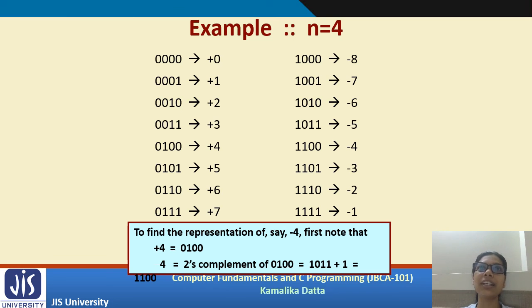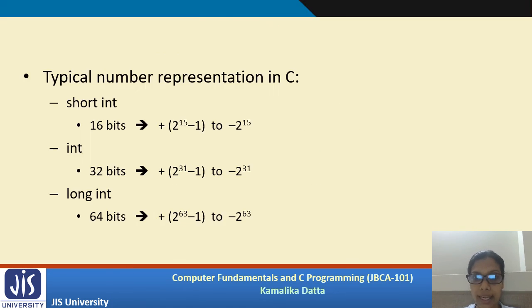Now we have understood how we can represent signed numbers, how we can represent unsigned numbers, and so on. Let's move on. What is a typical number representation in C? For short int, it is 2 to the power 15 minus 1 to minus 2 to the power 15.